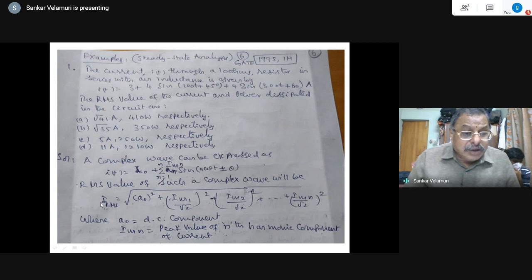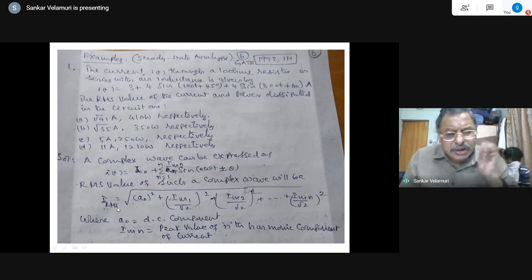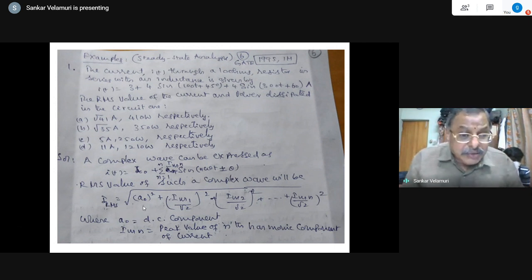The RMS value of the complex wave, which is represented as a Fourier series expansion or otherwise, is I RMS, assuming that Fourier series and other things are already known to you. Even this you might have studied, but I do not know whether you have studied it from this particular angle. The formula shows that it is the square root of I naught square, the DC component squared, plus Im1 by root 2 squared, that is I1 square, plus I2 square, plus In square.